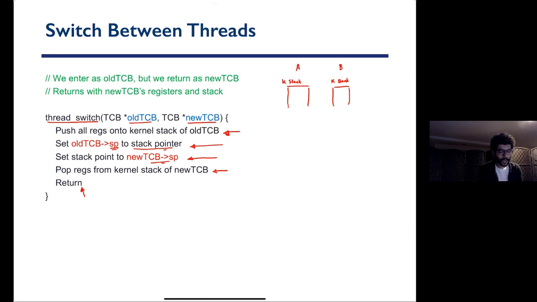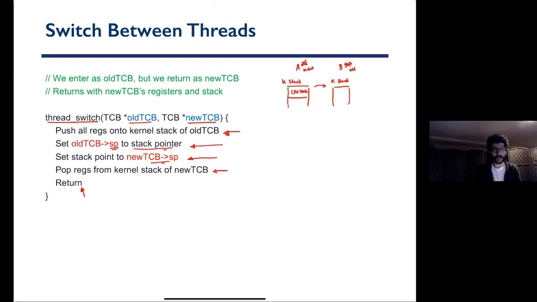Now, when I come inside, let's say initially A is my old and B is my new. So I push the state of thread A, CPU state here, and I switch to B. I go to B, and later on, I want to go from B to A. Then B becomes old, and A becomes new.